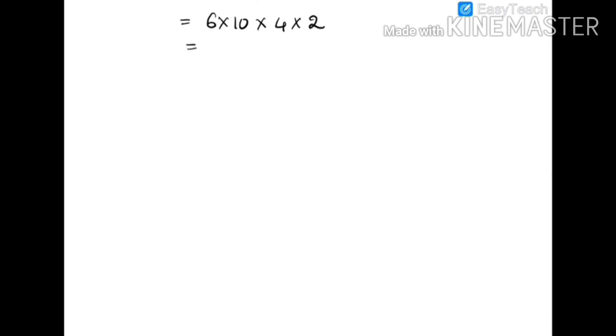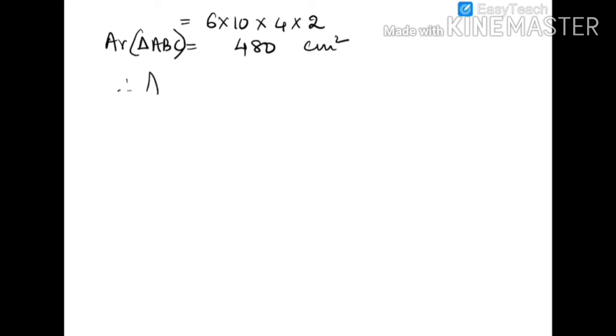So the product of these numbers is 480 centimeters square. So we get area of triangle ABC equal to 480 centimeters square.